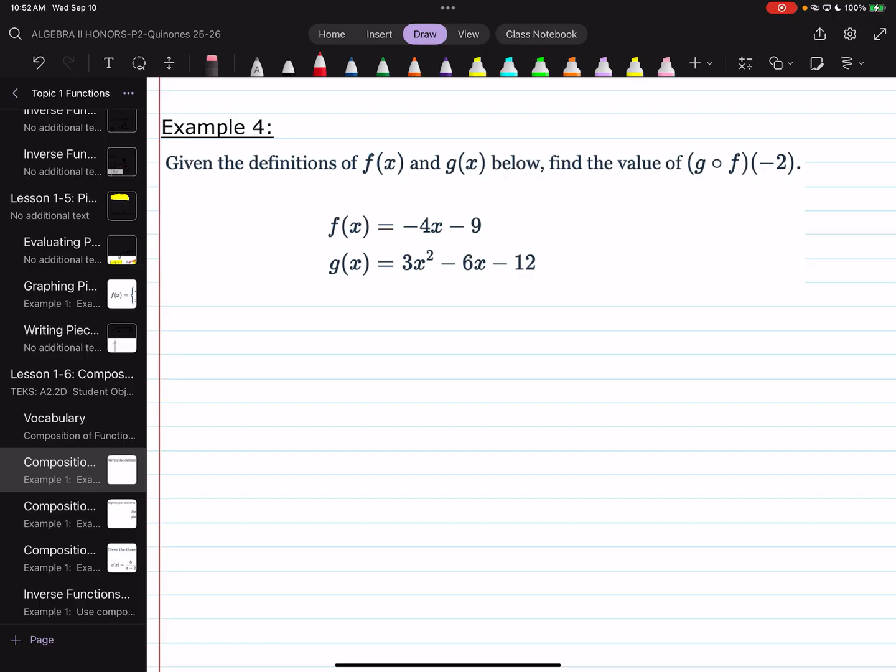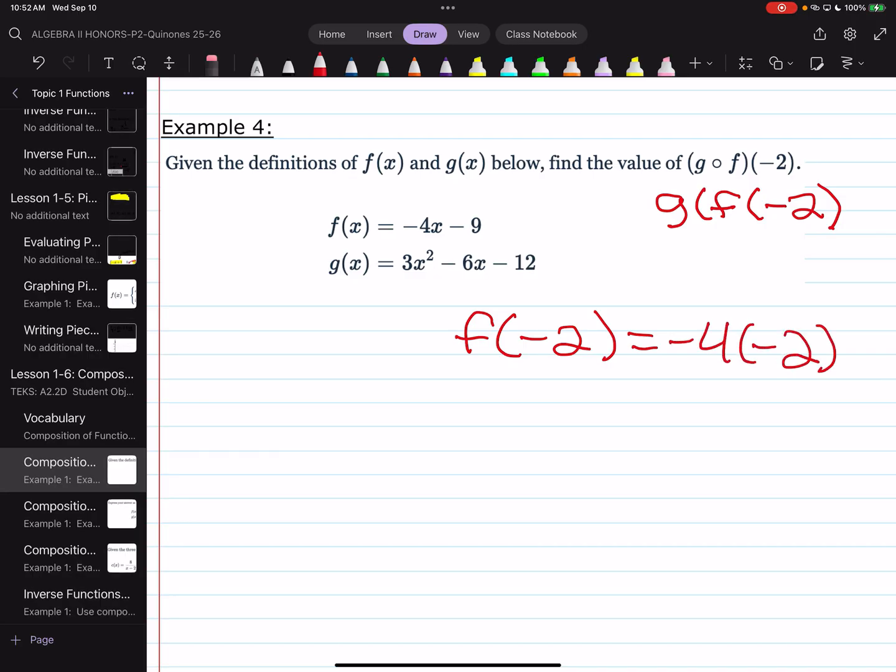So it's g of f of negative 2. So since f of negative 2, you can substitute it: f of negative 2 equals negative 4 times negative 2 minus 9.